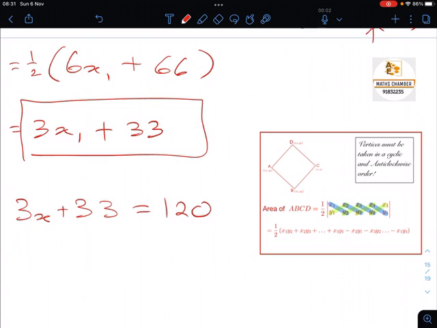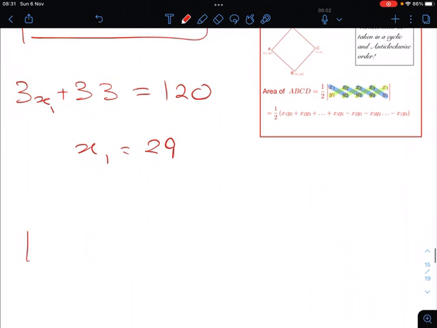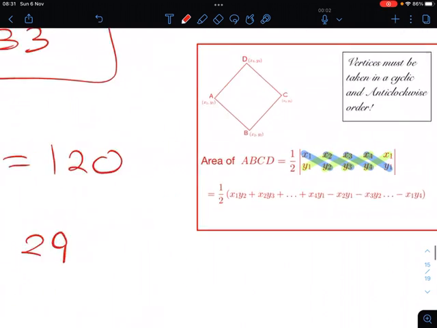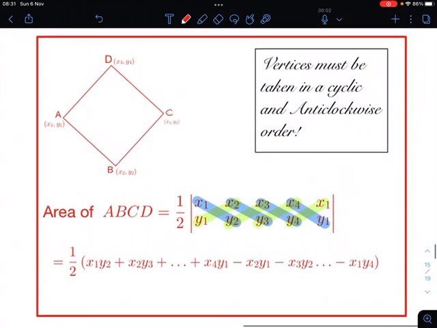That means your x1 here will be equal to 29. Therefore the coordinates of F is 29, comma 7. That's all.